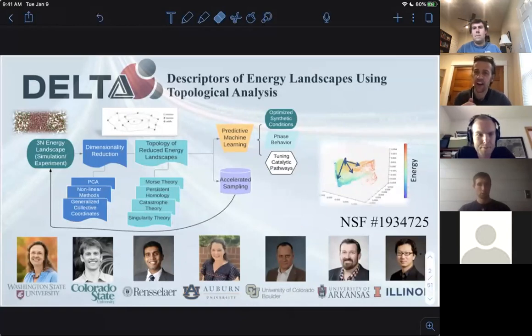And they added me on afterwards to join in. But the point is really to understand energy landscapes of chemistry molecules from a mathematical perspective, and then to provide descriptors of those molecules for use in machine learning tasks, for example. And in particular, we're looking at descriptors coming from topology and geometry.